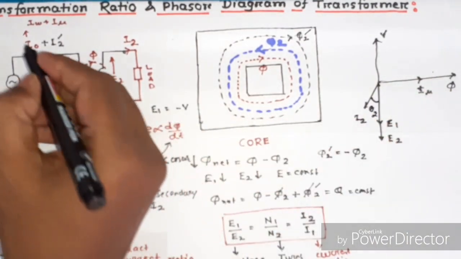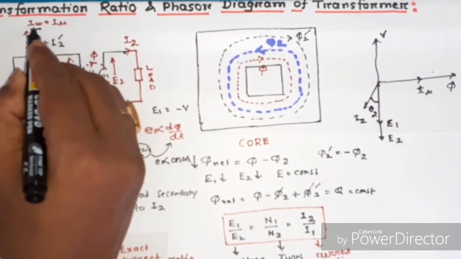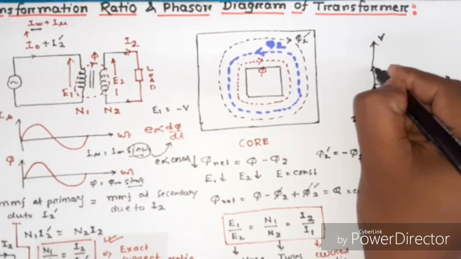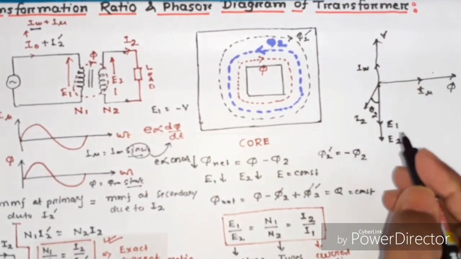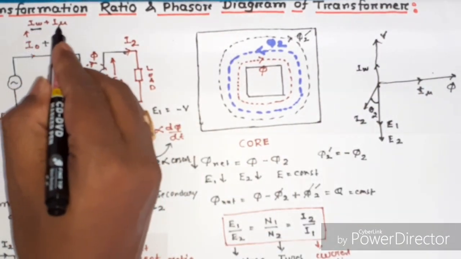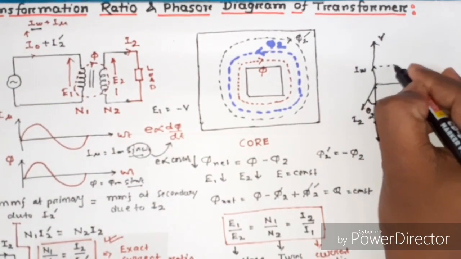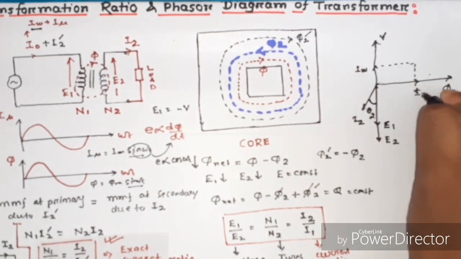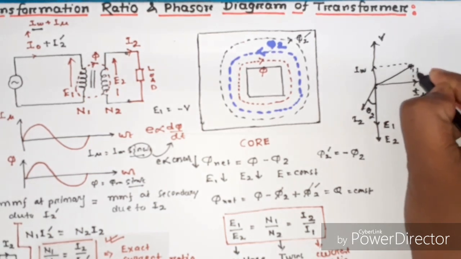Now, another component of the no load current is IW, the working component. It is in phase with the supply voltage. The phasor sum of IW plus I mu is the no load current I0.